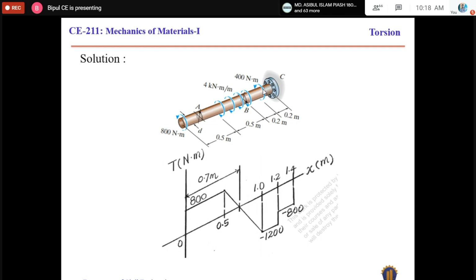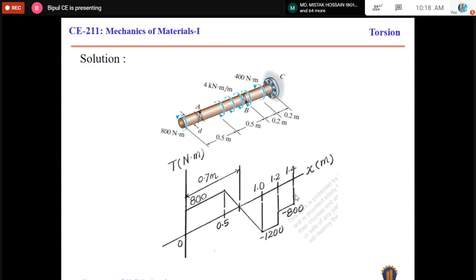And if you go from this point to the support, there is no additional applied torque. So in this zone, the developed torque will be constant. That will be similar to 800. So that's why it is a straight line, and it is a support.